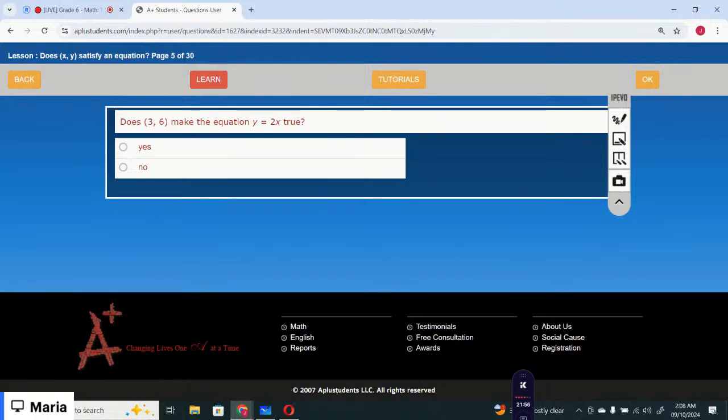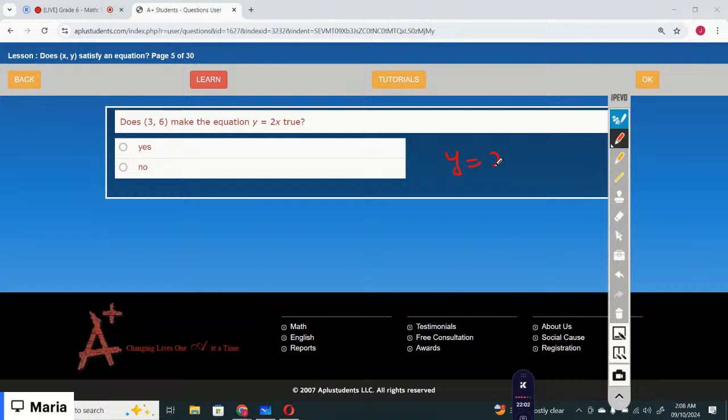Does 3, 6 make the equation true? y equals 2x is the equation. x is 3 and y is 6. So here you have 6 equals 2 times 3, and 2 times 3 is 6. So 6 is equal to 6.